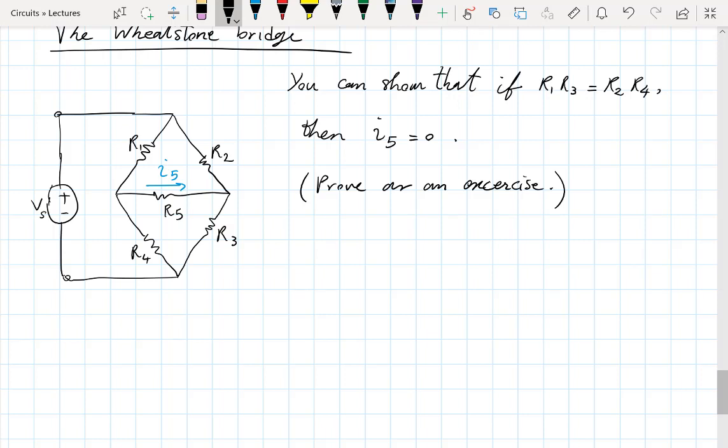Okay, I want to mention maybe one final point, and then we will wrap this chapter up for now. And that's going back to the Thevenin equivalent and equivalent resistance. We've talked about how to find the Thevenin equivalent of a circuit, right? For instance, you could measure or calculate the open circuit voltage or the short circuit current.